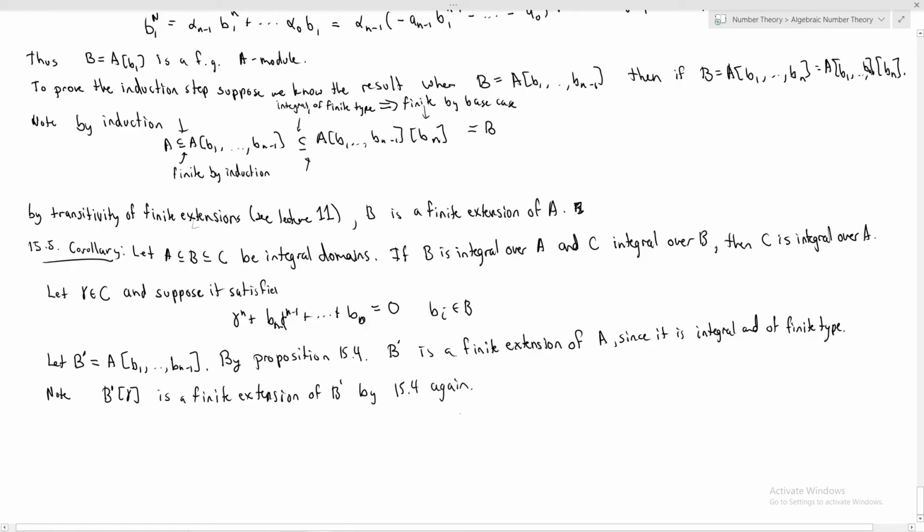If it is unclear why I'm applying 15.4 again, I would think about it. If you can understand the first application, then you should be able to understand this application. So what does this mean? I've got a sequence of finite extensions. Thus, we have A is contained in B prime, is contained in B prime adjoin gamma, each of which is finite.